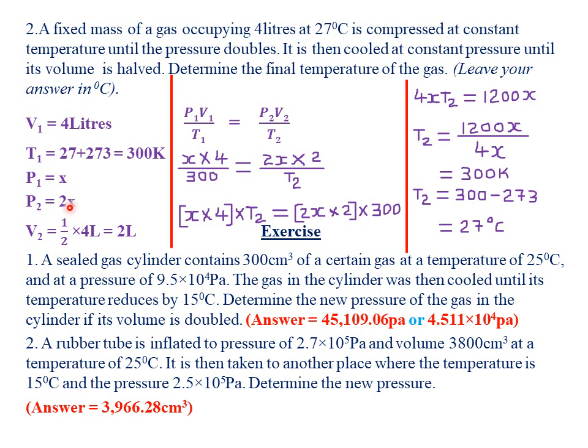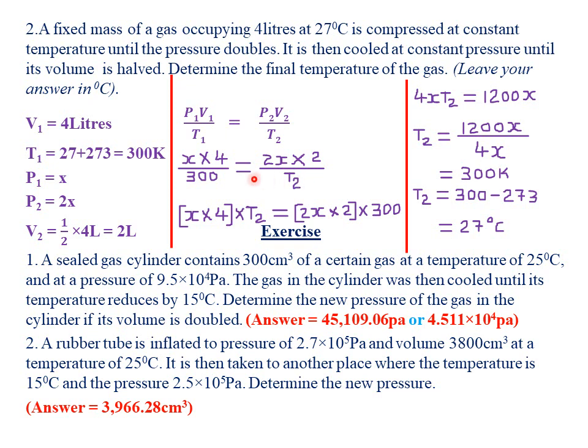Therefore, for it to be doubled, it will be 2x. So our final pressure is 2x times V2. The second volume was a half of the initial volume because the volume is halved. Therefore, a half of 4 liters is just 2 liters. So times 2, then divided by the final temperature, T2, which is just the unknown T2.